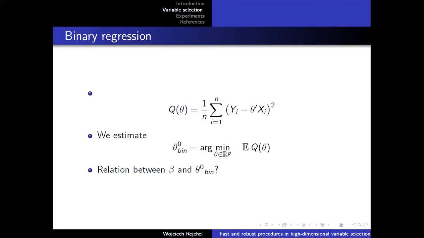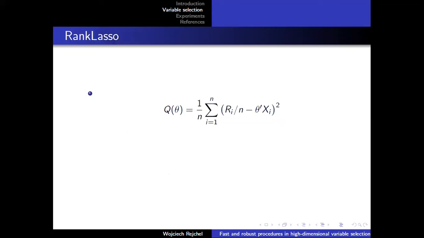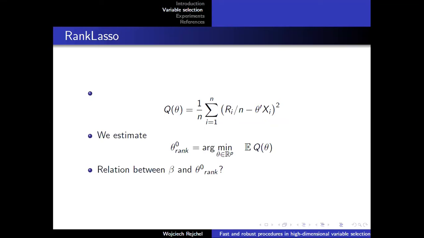But the relation, of course, we can easily calculate it, but what is the relation between the parameter beta and this vector? It's not clear. In the second case, for the rank Lasso, you can as well define your estimator as the minimizer of the expectation of the risk, but again, you have to think about the relation between your parameter beta and this new vector which is estimated.